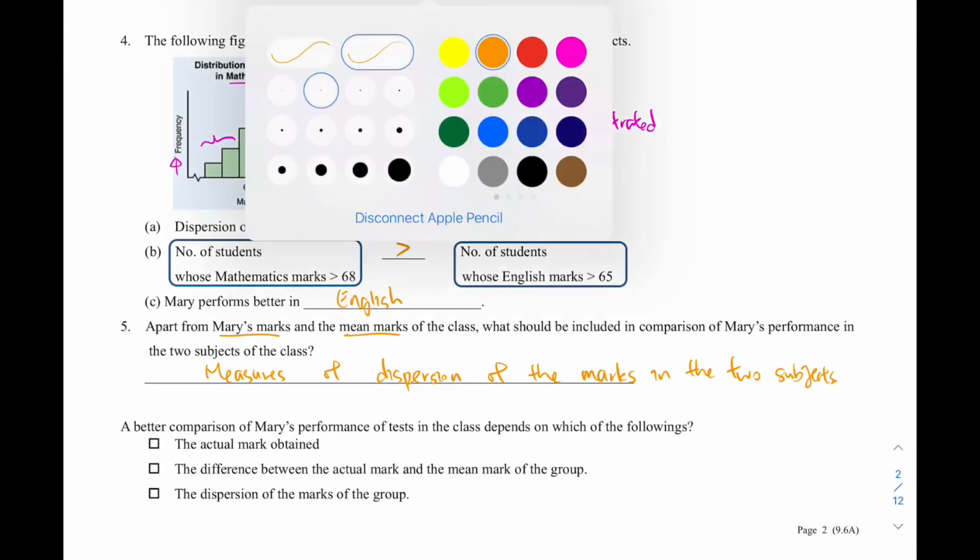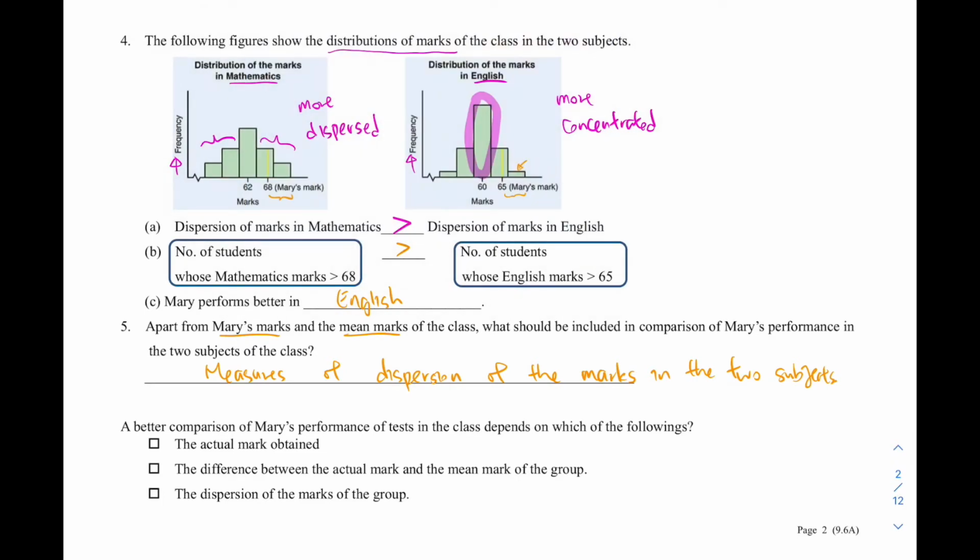Here we have small conclusions. If we want to compare Mary's performance in tests in the class, we have to know Mary's actual marks and the difference between the actual marks and the mean marks of the groups. And also, for better comparison, we have to have information about the dispersions of the marks of the group.